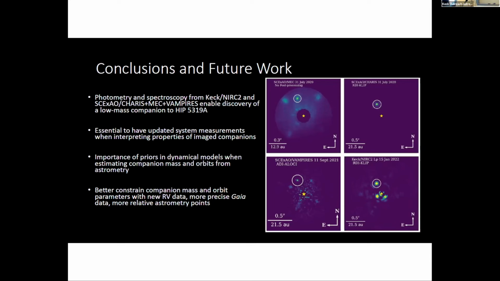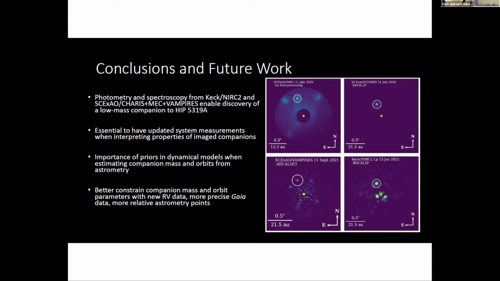If I could just ask a follow-on though, how well do you know which way is north at SCExAO compared to how well we know which way is north at Keck after, of course, all the Galactic Center work? Sure. So the question is, how well do we know the position angle of the sky in our images and the cameras at SCExAO versus at Keck.